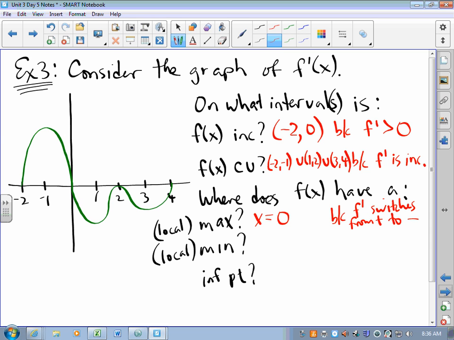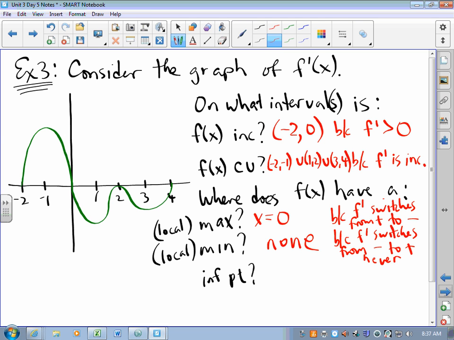I don't know what the y value is because I don't have an f function handy, but I know wherever x equals 0, that's where the max is. Where does f have a min? f has a min where f prime switches from negative to positive. Well, that never happens. There's never a min.